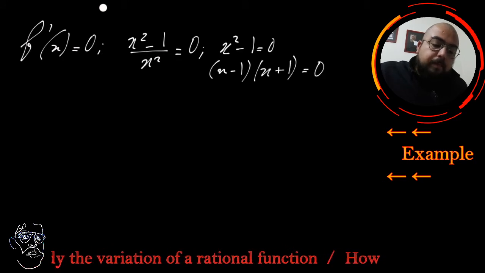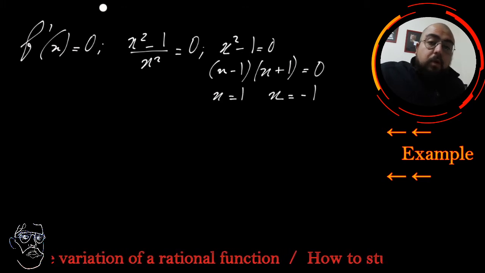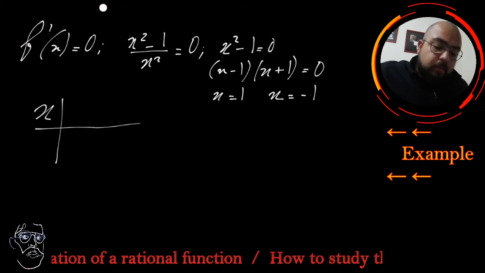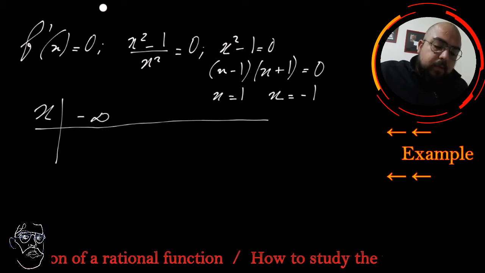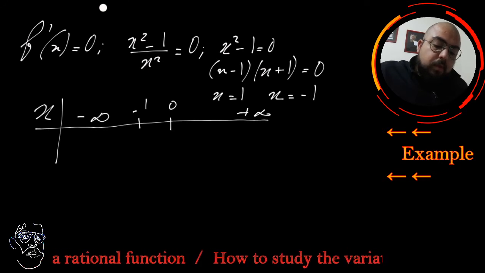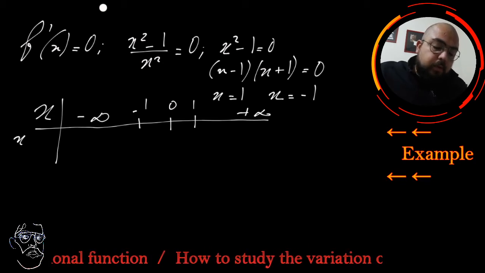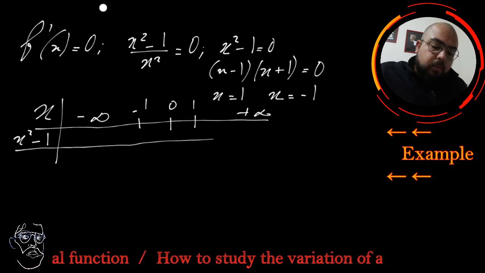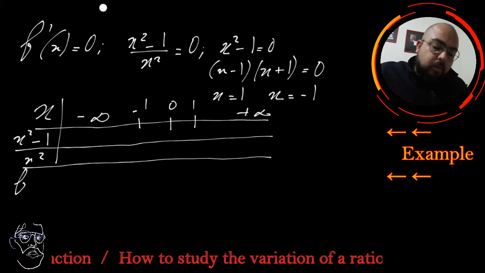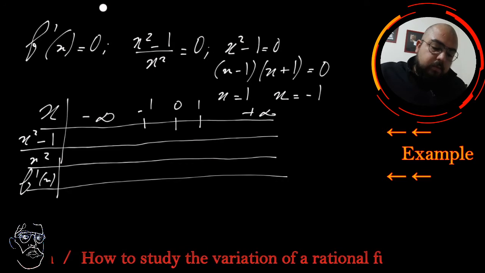The values will be x is equal to 1, x is equal to minus 1. And directly I will be able to do the table of variation, x going from minus infinity to plus infinity, passing by the values minus 1, 0, and 1. Now, the numerator is x squared minus 1, denominator is x squared. I can deduce f prime of x, and finally the variation of f of x.